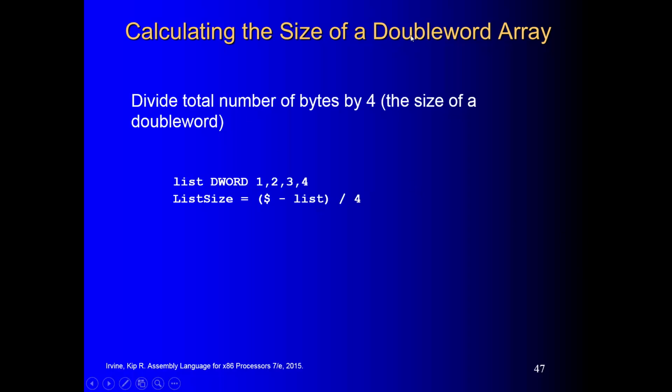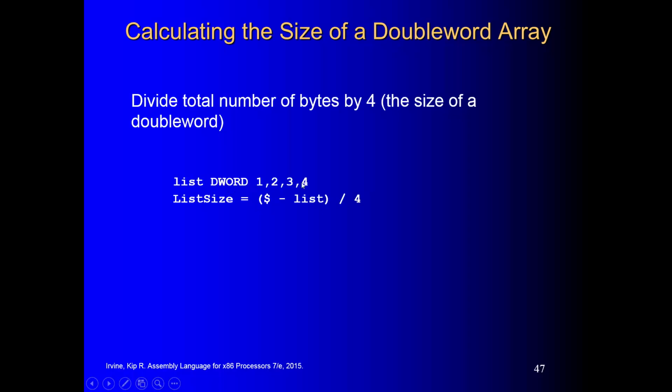Next, we have another example. The array is a Doubleword array. List is the name. Doubleword is the array type, storage type, or data type. It means each of these is going to use 4 bytes for the storage.